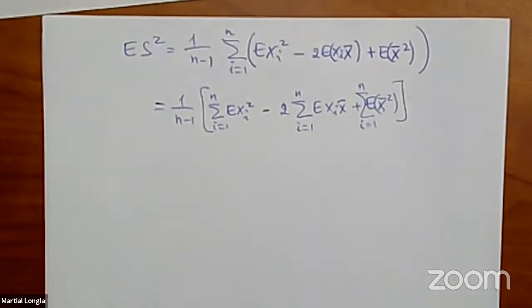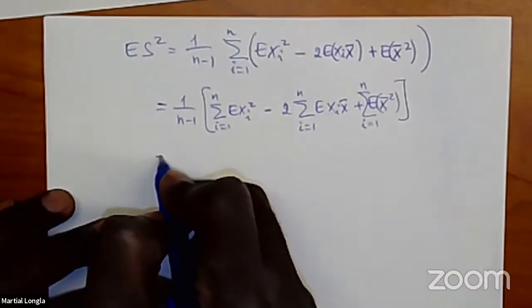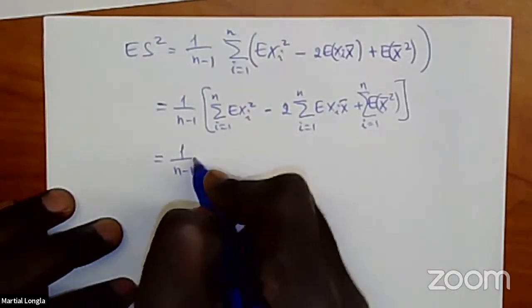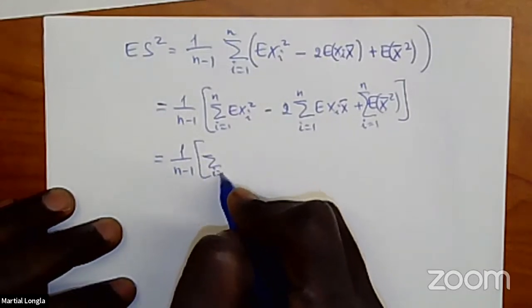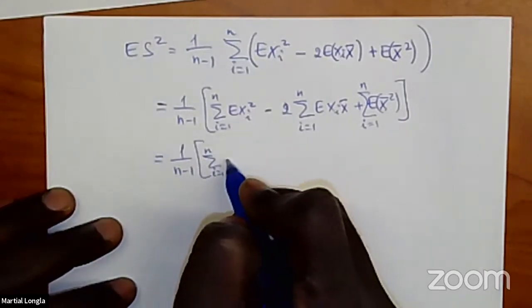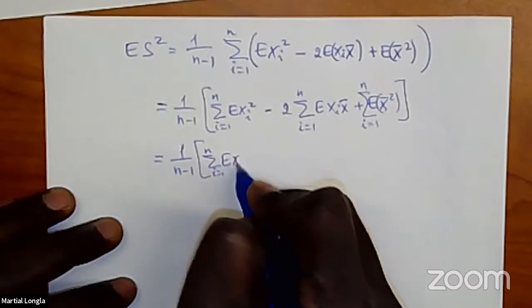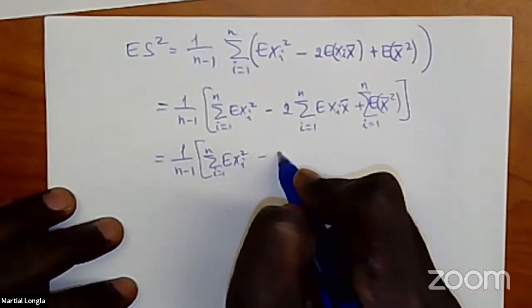Good to see. But that's not what I actually wanted you to see. But it is good. We also need that. So I can already say, okay, that's 1 over n minus 1. Don't go there yet. What I need you to see is before that.